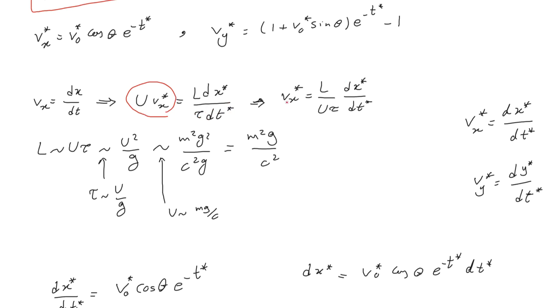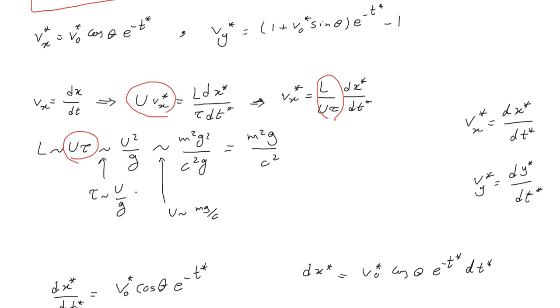We know tau, actually we calculated it above, right? And we use that. So after rearranging this equation, we will see Vx star is equal to L over U tau times dx over dt in dimensionless form. So again, we want this to be 1, so we want L to be equal, or almost equal, to tau U. We know that tau is equal to U over g.